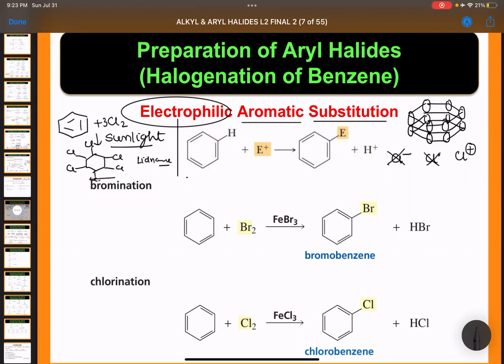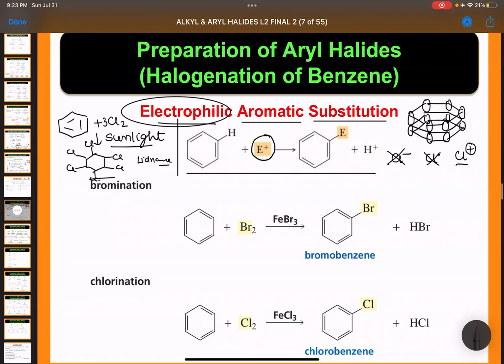In general, I have shown over here E plus, the electrophile. E plus is going to come and take away electron density from the benzene, so you can expect a reaction to happen if this is a plus, and that's why this is known as an electrophilic reaction.